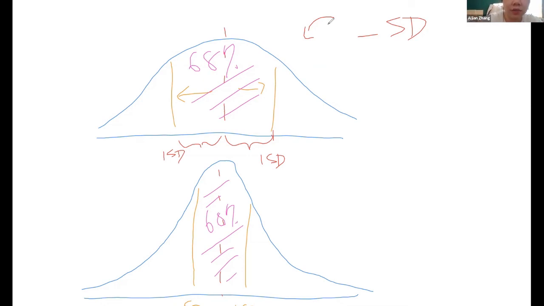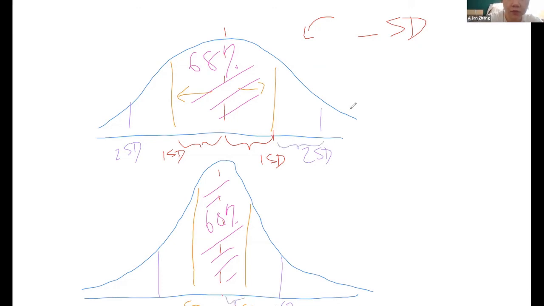So when you have two standard deviations away, this is 2 SD, and let's say your 2 SD for this bottom graph is going to be here. Same thing, but recognize that the spacing from 1 SD to 2 SD is the same.